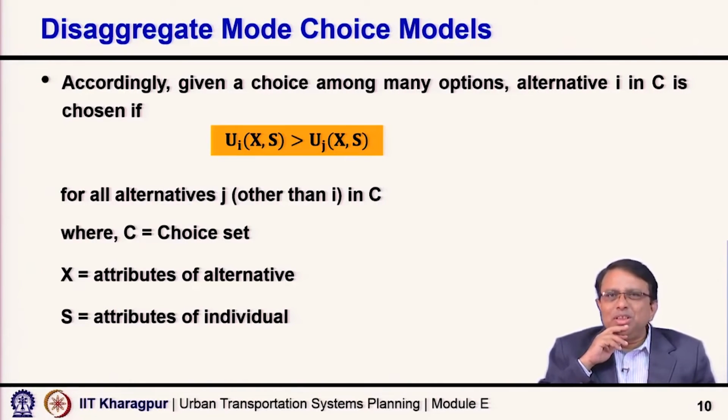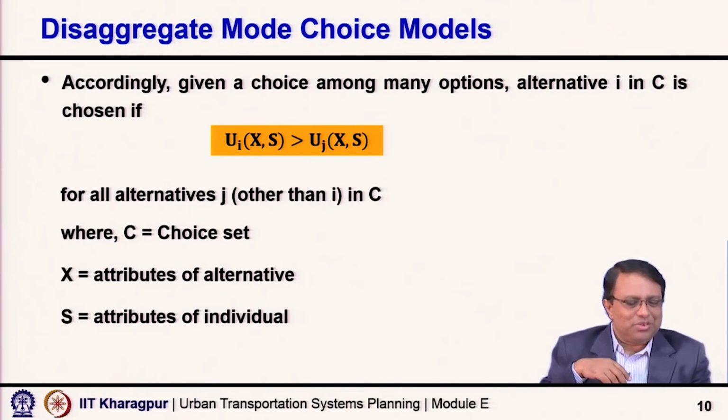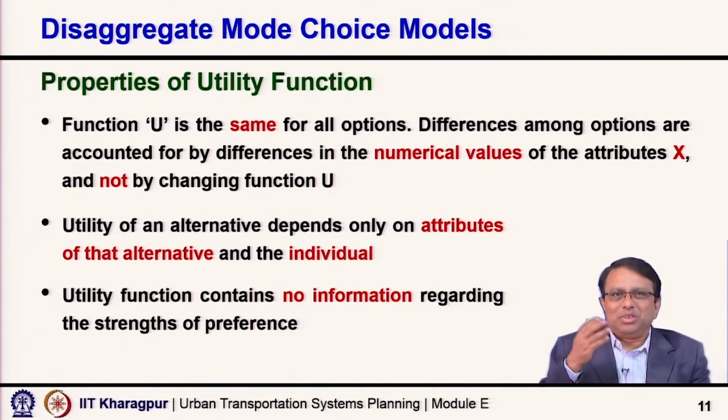So, I will be chosen only when the utility of alternative i is greater than the utility of any other alternative j, and in both cases the utility is a function of x and s, that is attributes of the alternative and attributes of the individual, correct.